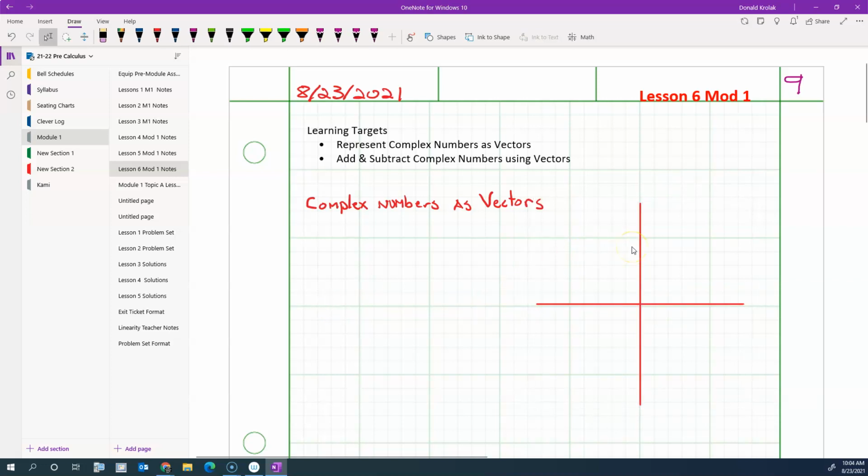That's why I got the straight edge, so it's a little neat. This is our imaginary axis, and this is our real axis.